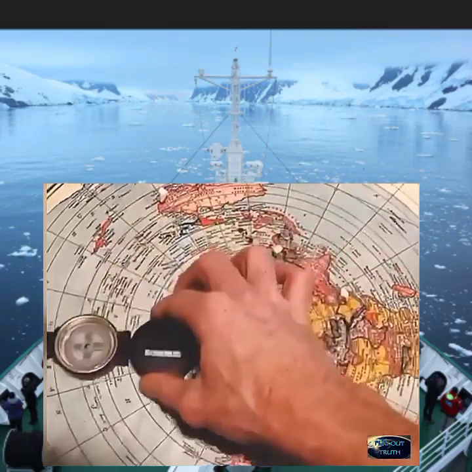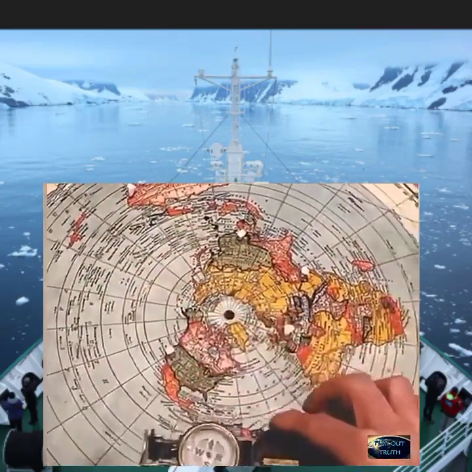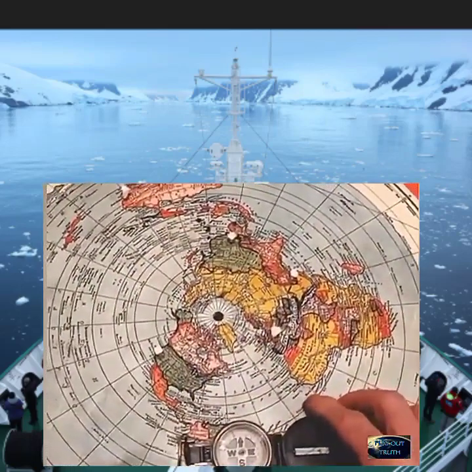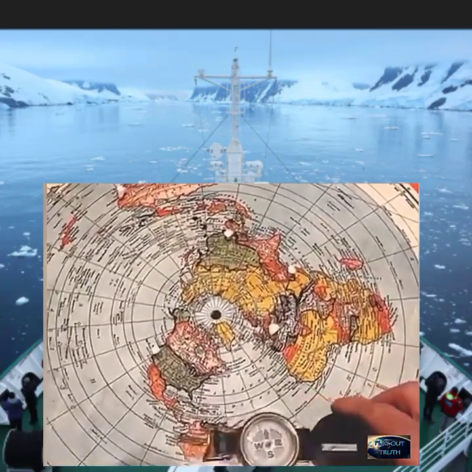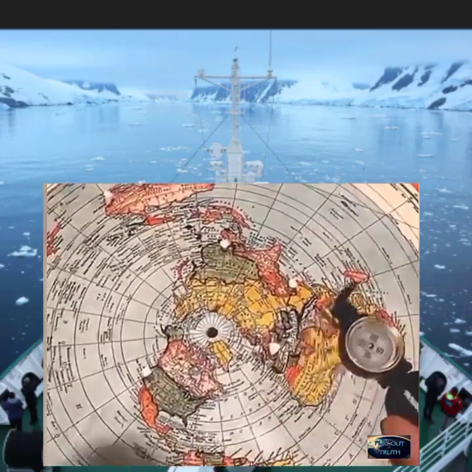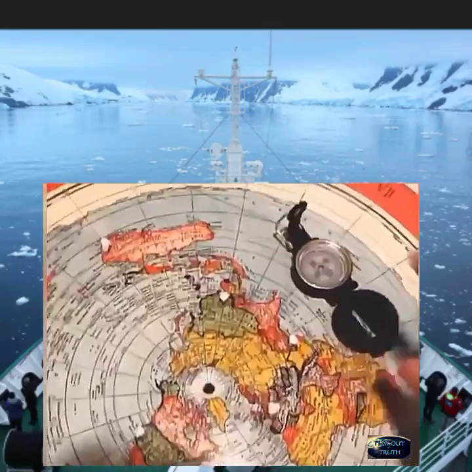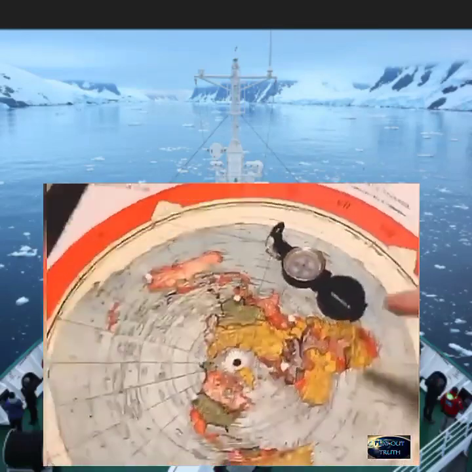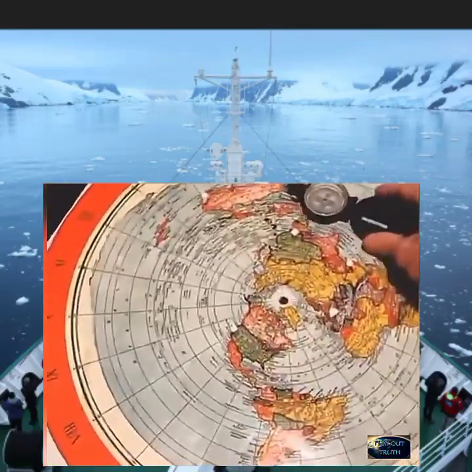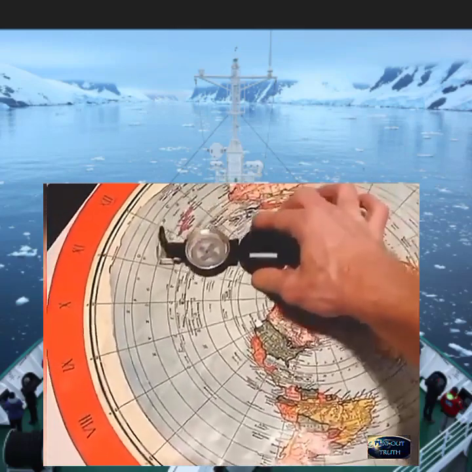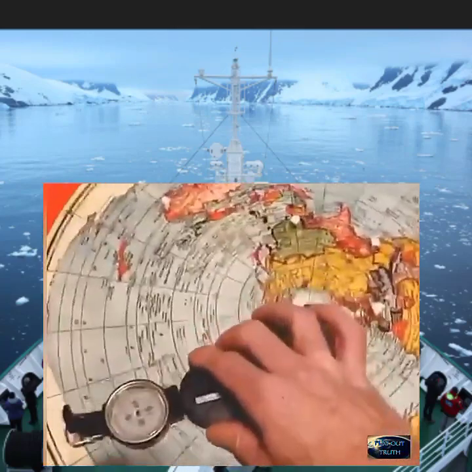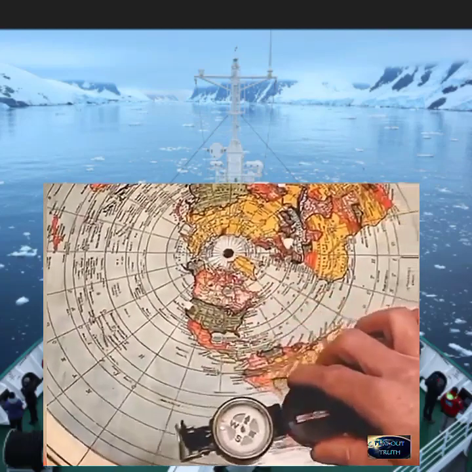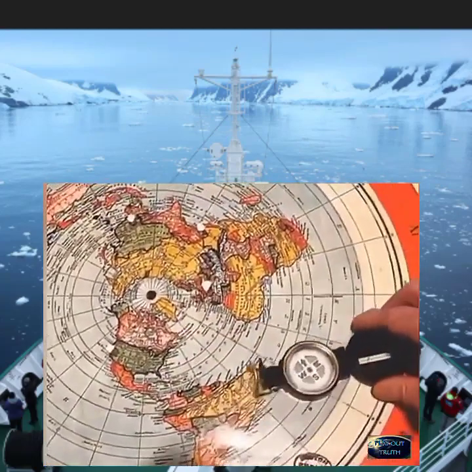Your compass will always point to the magnetic pole. You have two sides to a magnet, and one's called the North Pole, which is the pull side, and one side of the magnet is called the South Pole, which is the push side. So, if this compass is always pointing south, it's pointing to the ice wall.